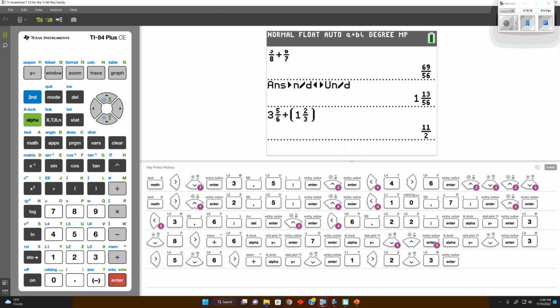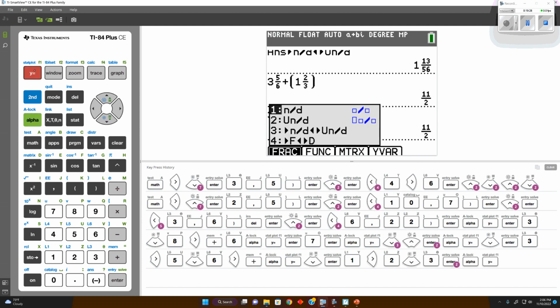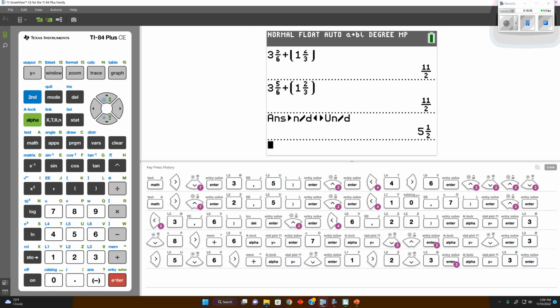Hit enter. So alpha y equals 3 and 5/6, 5.5. Yep. And this one here, if you hit this, it'll convert from decimal to fraction on some of them. They just like this. Questions on this here?